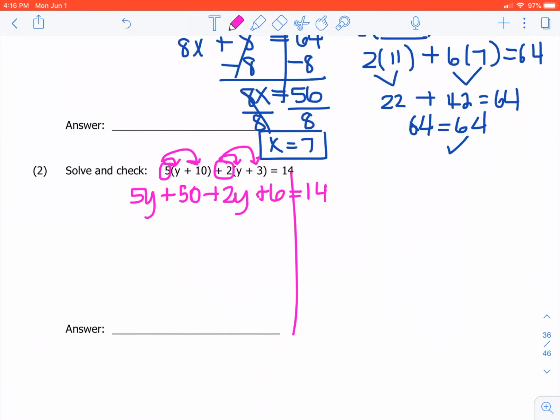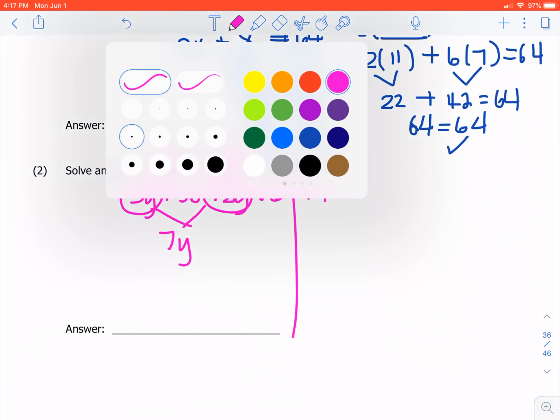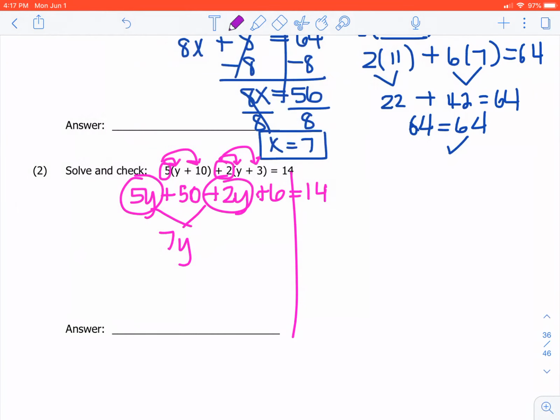Now remember, your next step is to combine your like terms. So I have a 5y and I have a 2y, which would be 7y. Now I also have the 50 and the 6. I'm going to combine those to get 56. That's a positive 56. So I'm going to start my two-step equation.